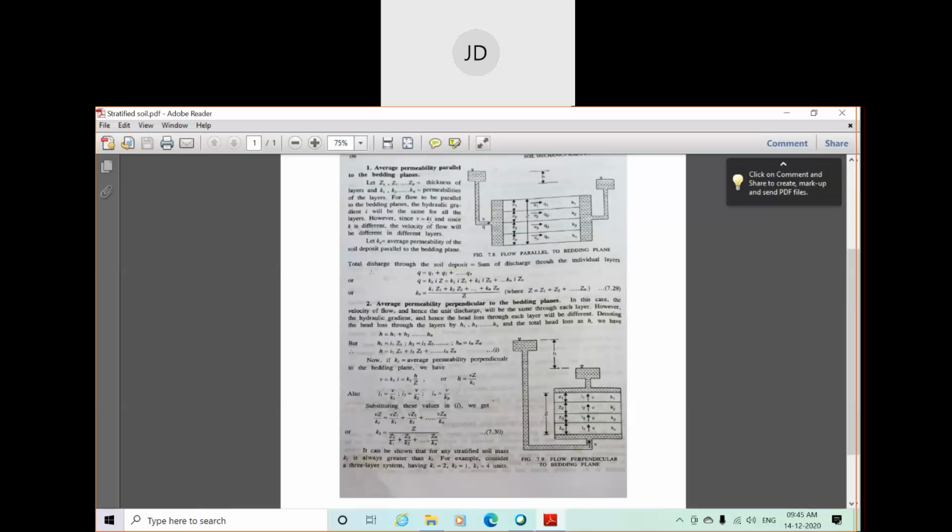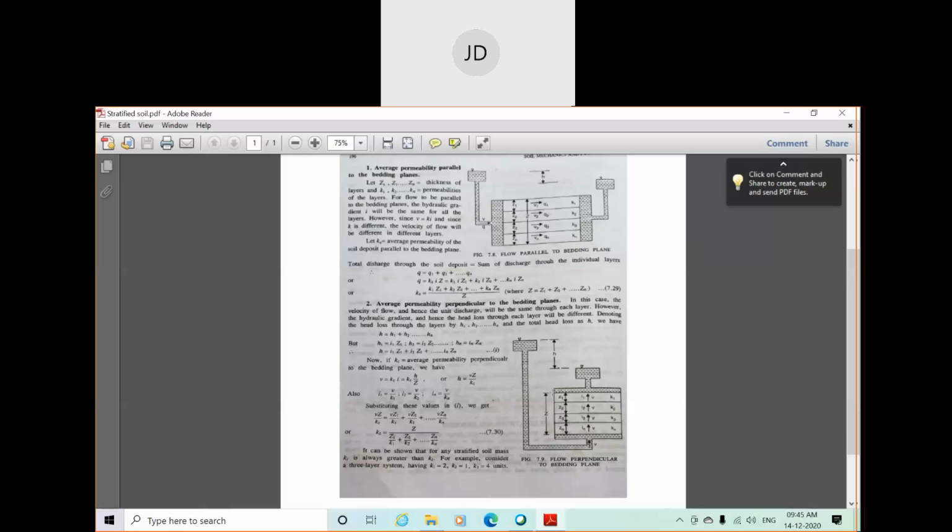So although the hydraulic gradient is the same for each layer, since k is different, the velocity of flow will also be different for each layer. That means the discharge velocity, the Darcian or theoretical velocity, is different: v1, v2, v3 up to vn. This is the condition for flow parallel to the bedding plane.